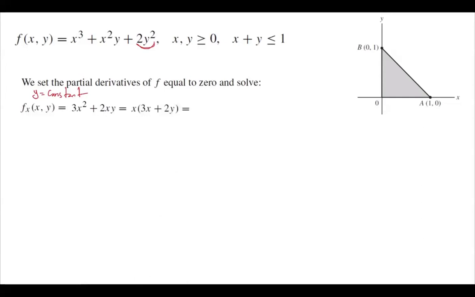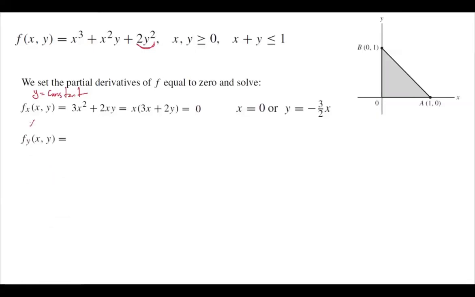You can factor out x, you get 3x plus 2y times x, and you're going to set it equal to 0. By setting this equal to 0, you get x equal to 0, or y equals negative 3/2 x.